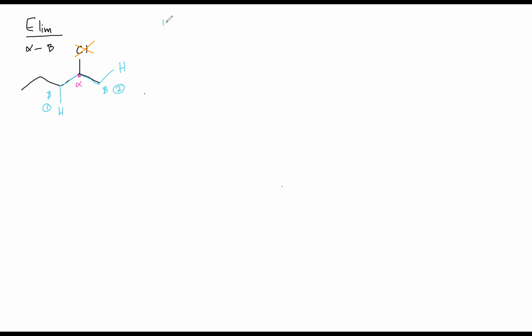If we undergo elimination using beta 1, we will eliminate this hydrogen and we will end up with this product here. We can see that a double bond was formed between our alpha carbon and our beta 1 carbon. On the other hand, if we use beta 2, we eliminate the hydrogen on beta 2 and end up with this product, where our alpha carbon is here and our beta carbon is here.